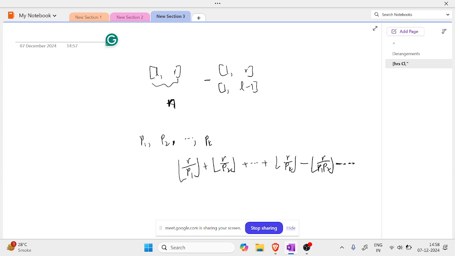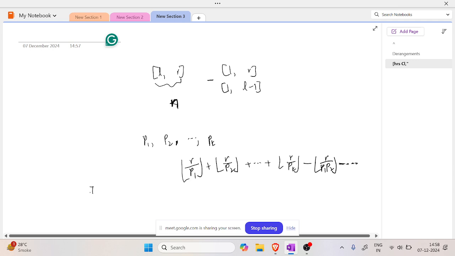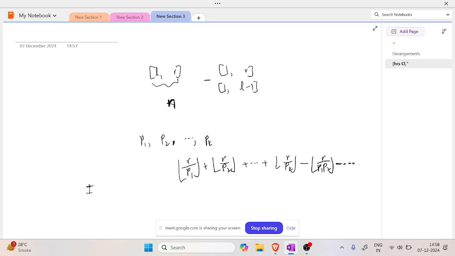Okay, so now let's cover a bit about how you would write this in code. In code, let's say you have these k primes and you would represent which primes you are taking in your subset as a bit mask.